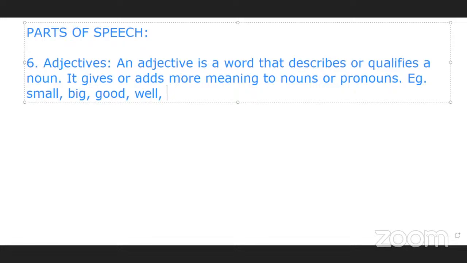Well. Yeah, we have to prove it in a sentence. I am doing well. That one, we will get to adverbs also. There are some of them that will fall under adverbs.